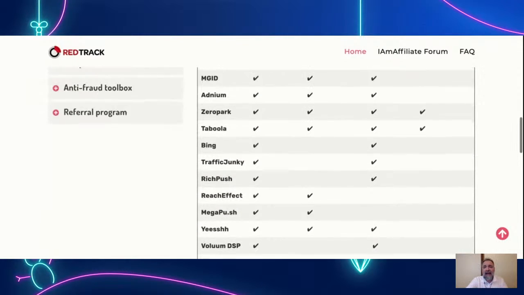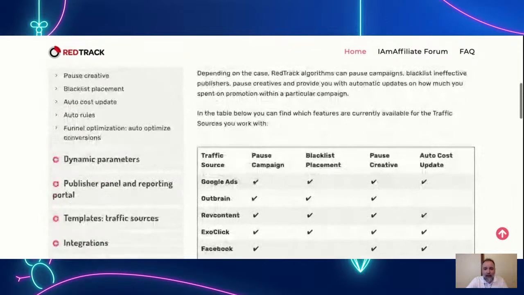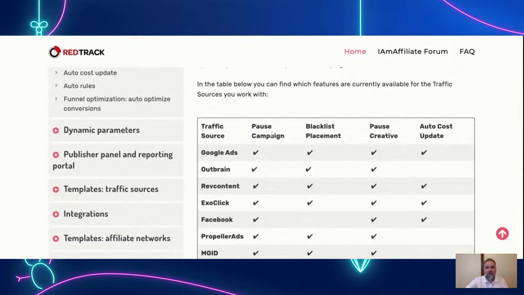And at the moment, the most repetitive, recurring daily actions that do not require much thought, but require a lot of manual actions, like update costs, blacklist placements, pause campaigns. And like I said, we have also update costs for Outbrain, and we also have conversions postback for Facebook, for Google, etc.